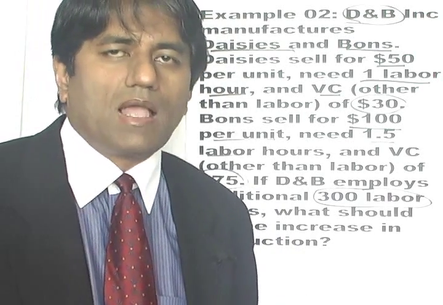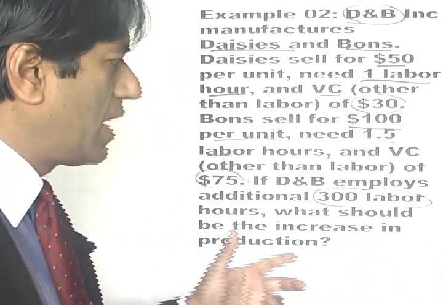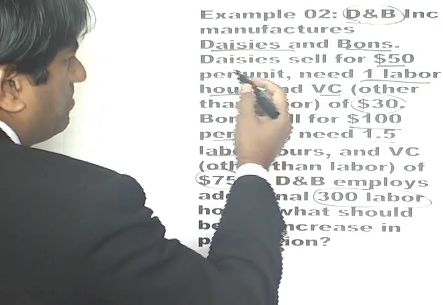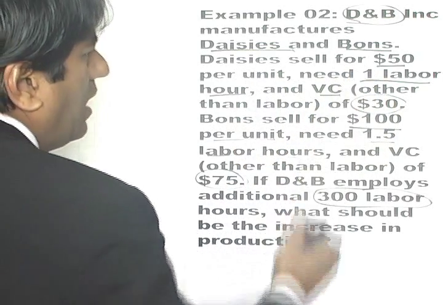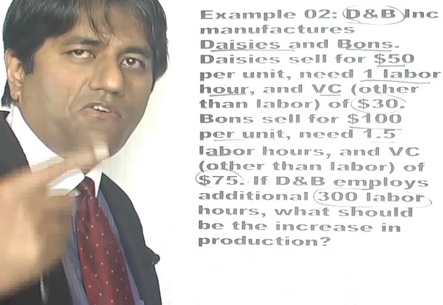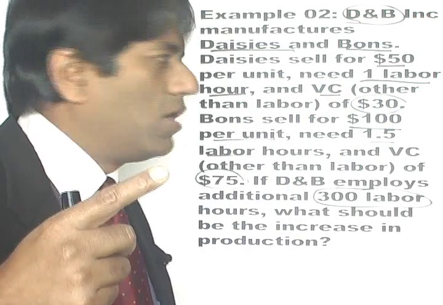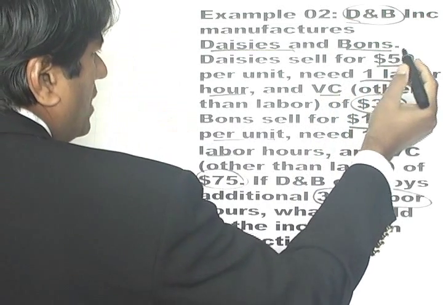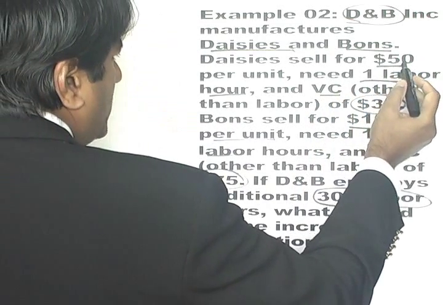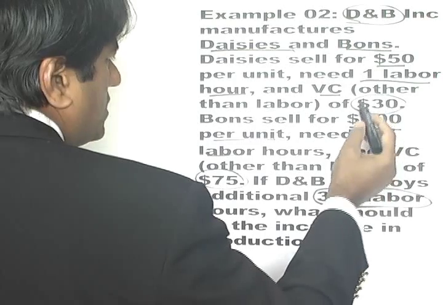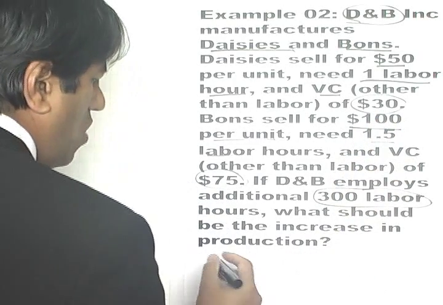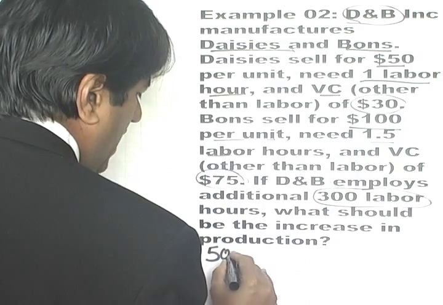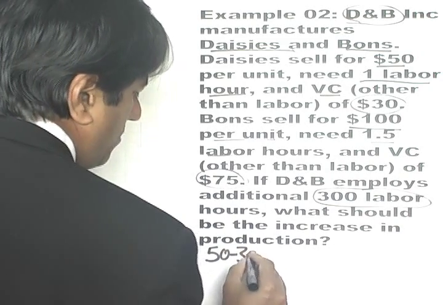And so the first thing that you look at is what is the incremental profit from 1 more unit of daisy or bond being produced. Well, that will be the price at which it can sell, which is 50, minus the variable cost. So the incremental profit from 1 more unit of daisy is 50 minus 30.